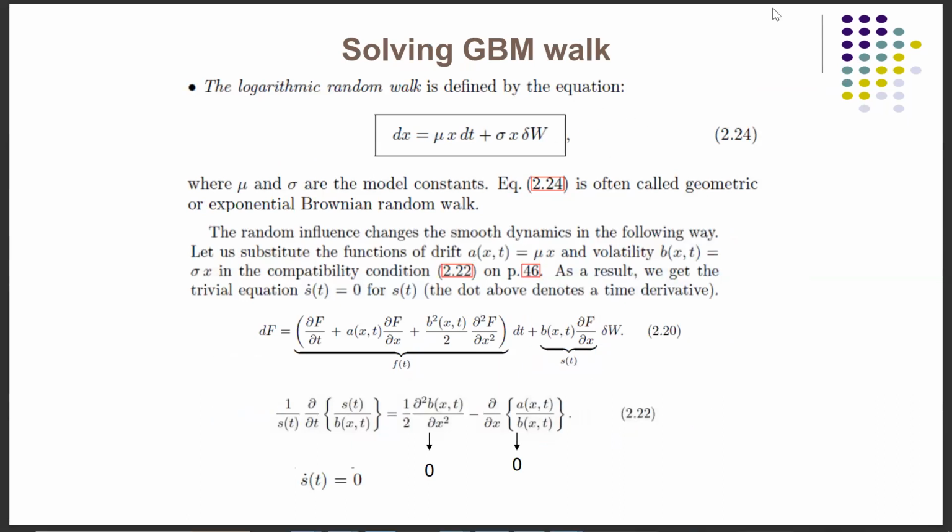Okay, so how can we apply this to our geometrical Brownian motion? It is a logarithmic random walk; it doesn't matter, we can call it in either way.